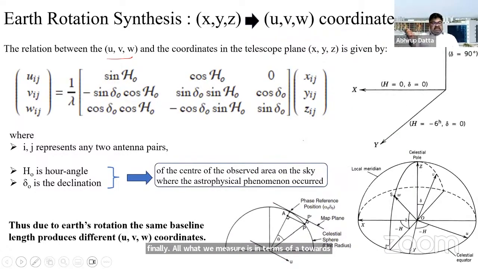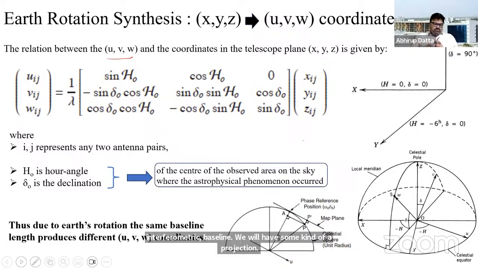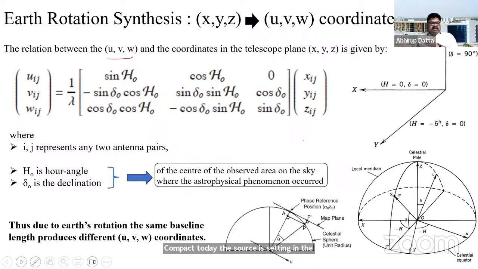So if the source is rising in the east, with the same interferometric baseline, we will have some kind of projection compared to if the source is setting towards the west, then the projection will be changed. So essentially, for the same baseline fixed on the Earth, it sees the sky in a different way based on how the Earth rotates.